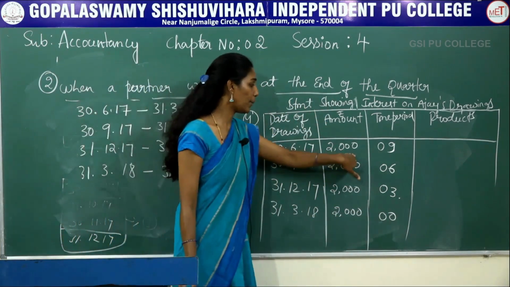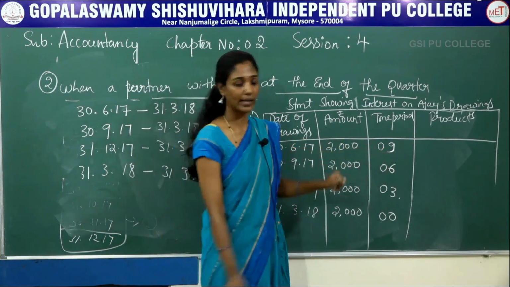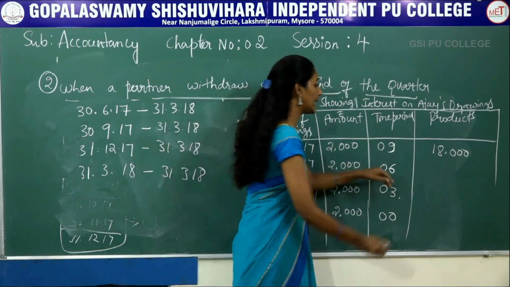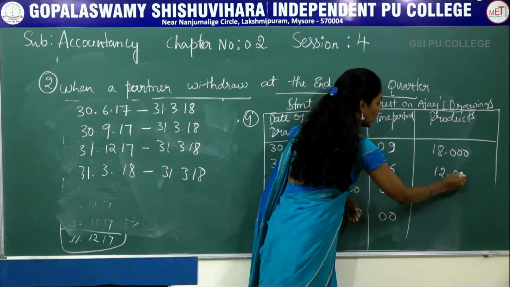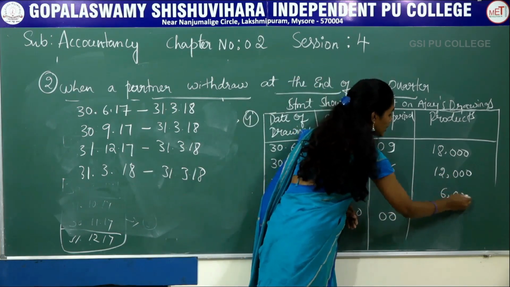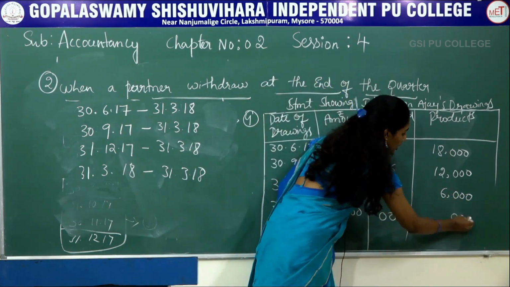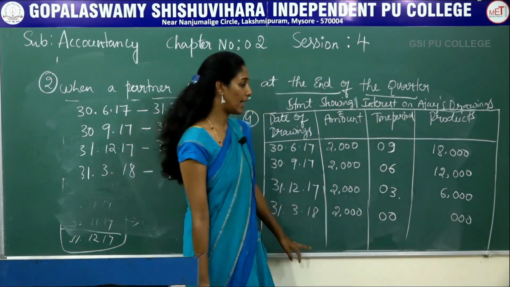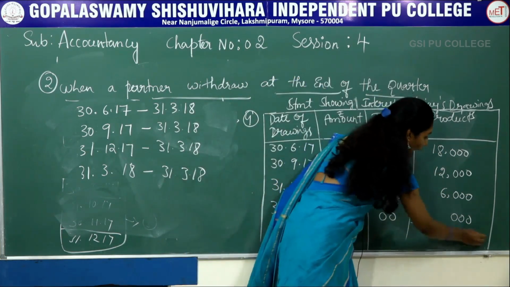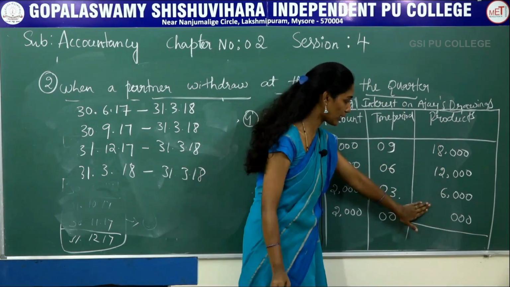Now multiply each drawing with its time period: 2000 into 9, 18,000; 2000 into 6, 12,000; 2000 into 3, 6,000; 2000 into 0, 0. Then write all the products and add them together.